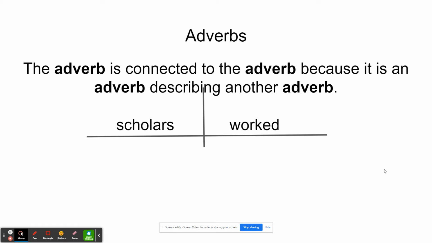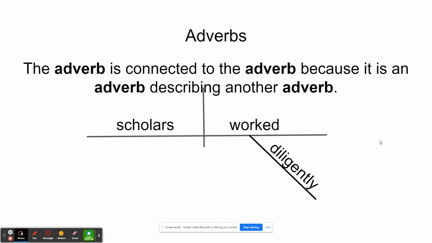Scholars worked. Worked how was my next question. Diligently. Diligently is an adverb describing the verb worked. Then, scholars, I asked, how diligently?